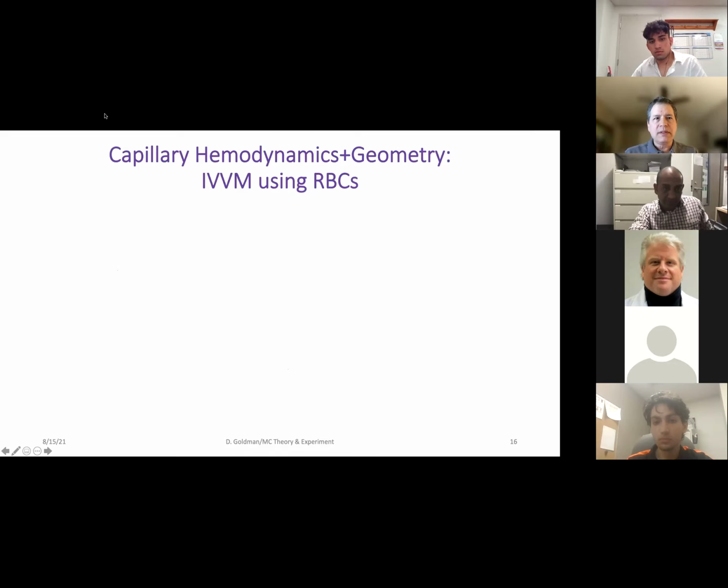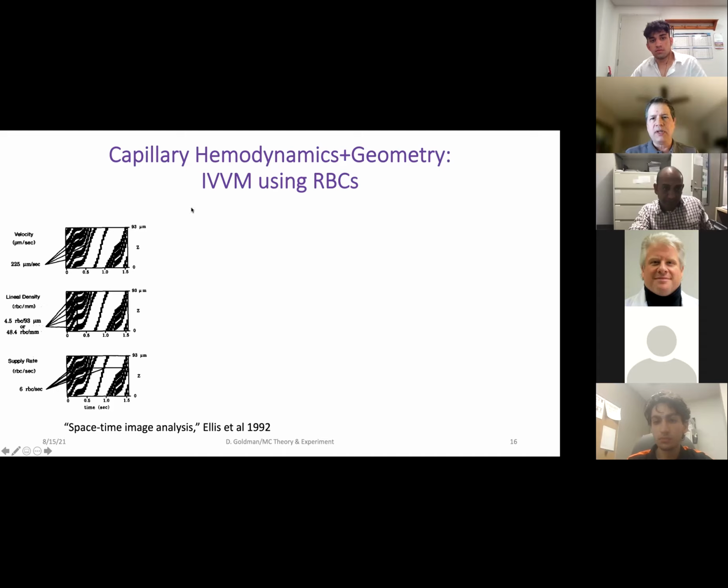So now I'm going to talk about using IVVM to get capillary information and also to get arteriolar information. So for capillaries, this is a method developed by Chris Ellis, who's at Western, or who's emeritus now.